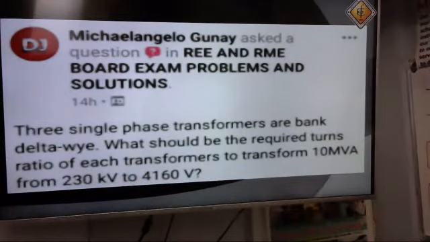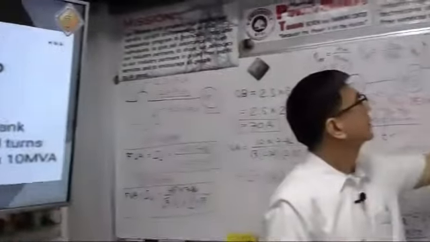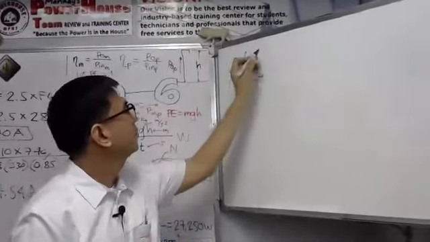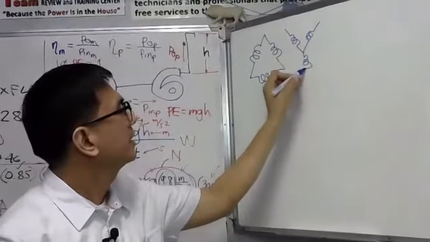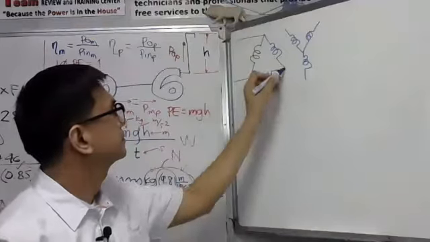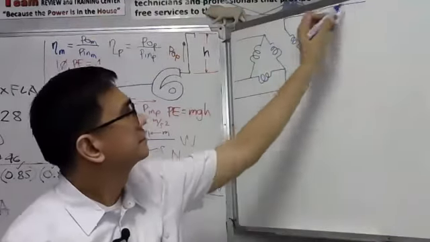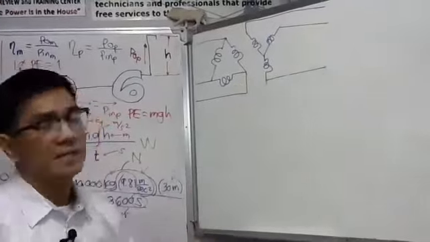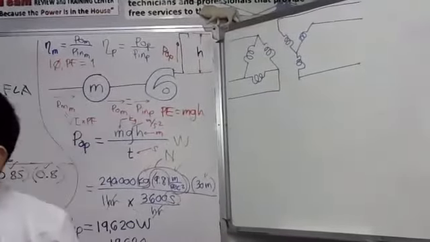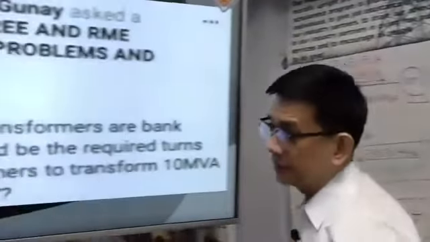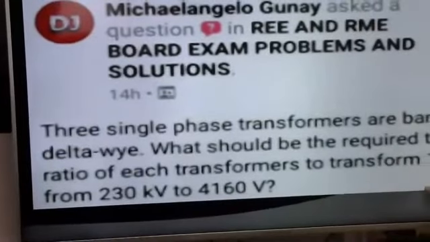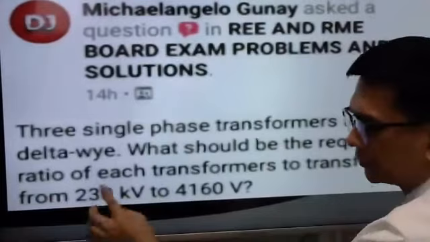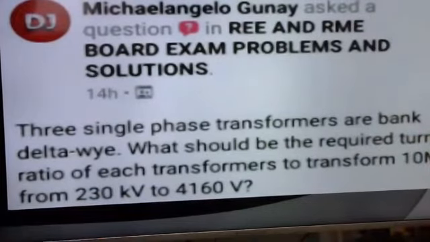So, I will put here delta and Y. What should be the required turns ratio of each transformer to transform 10 MVA from 230 kV? 230 kV is a line-to-line voltage.